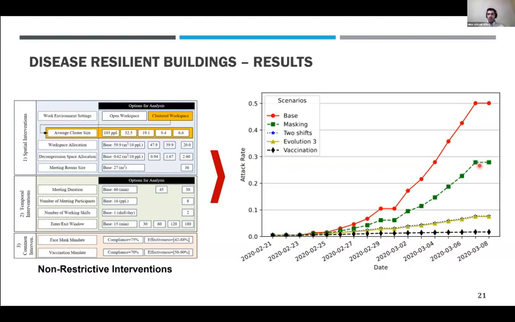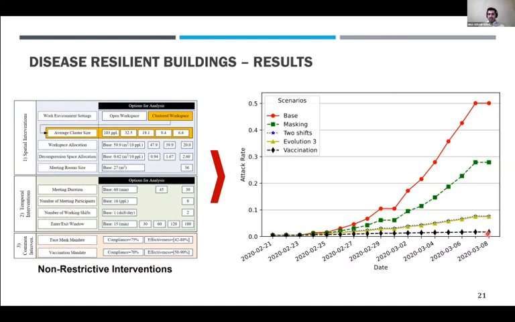With the mask, we could reduce it to 28%. But with the interventions that we said, for example, reducing the cluster size and increasing the windows and also including more coffee spots, we could reduce the attack rate to around 0.06, not 7%.